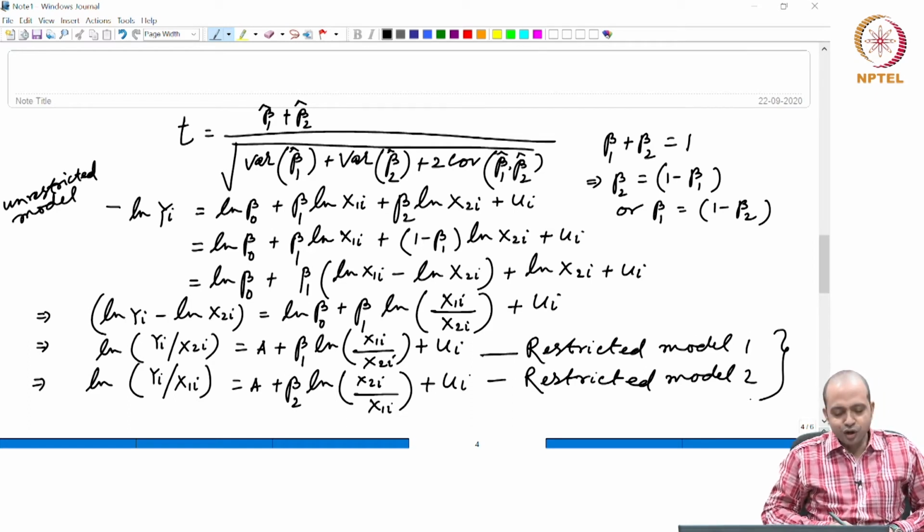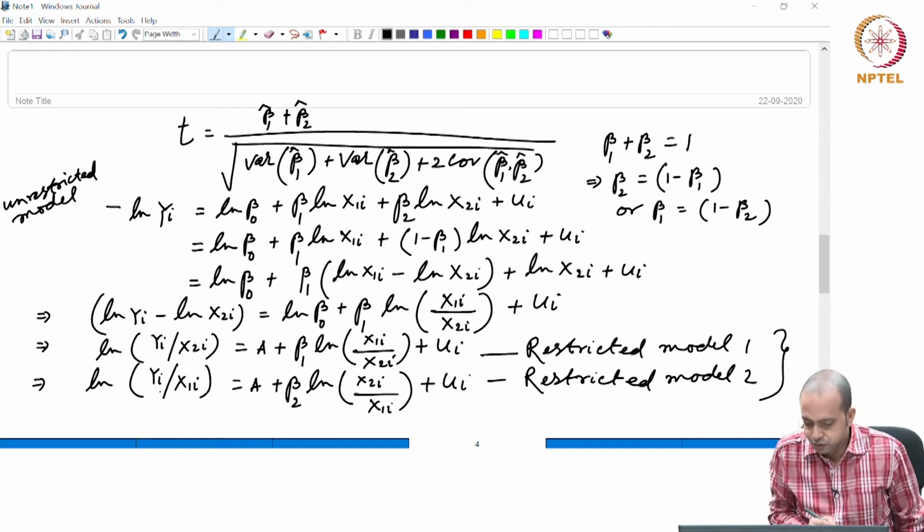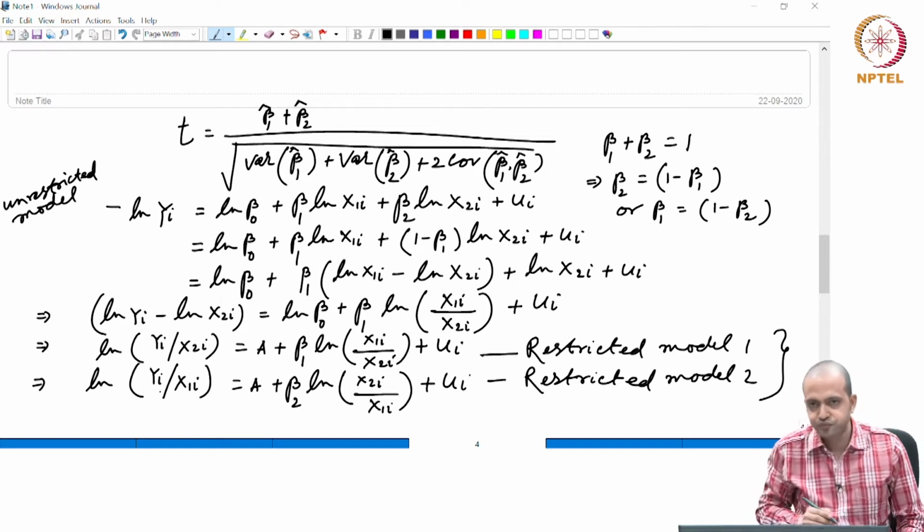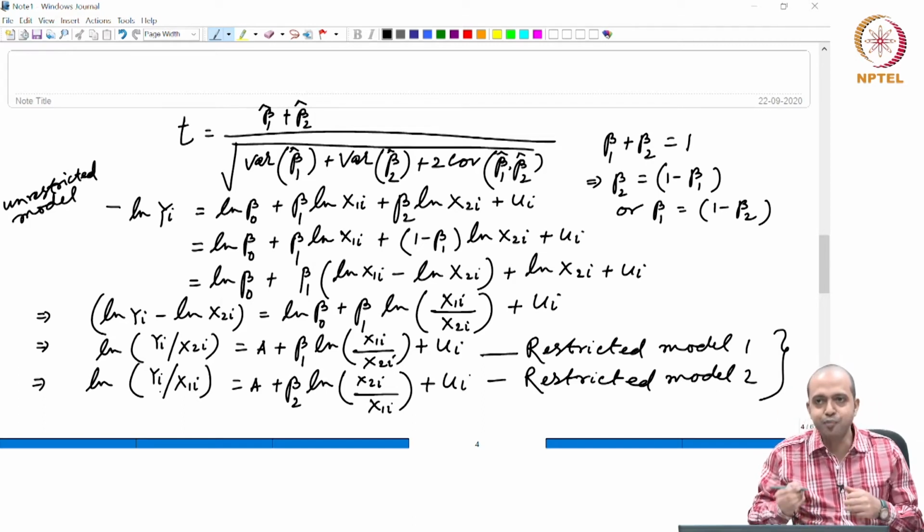Now, for economists, restricted model 2 is more appealing and more used in the literature, where we assume that the output labor ratio is a function of the capital labor ratio. How much capital per unit of labor is endowed?